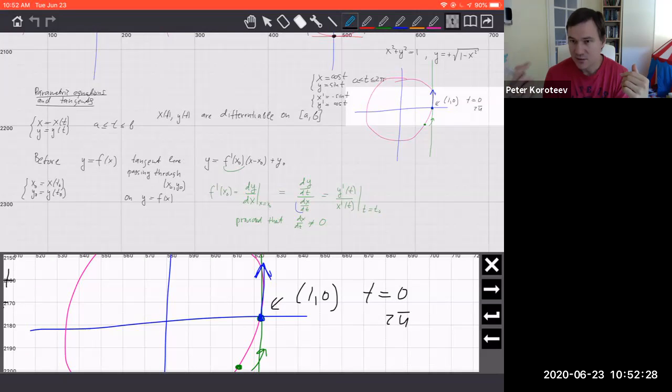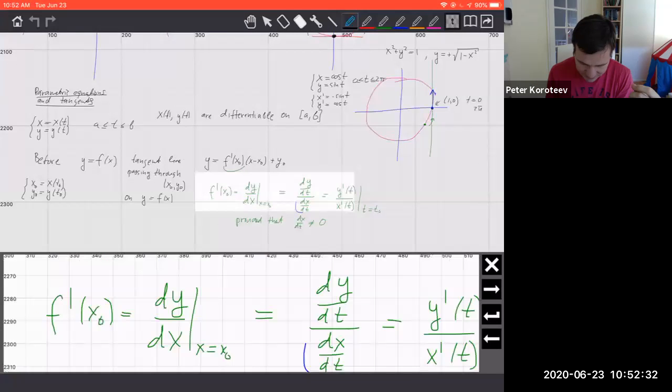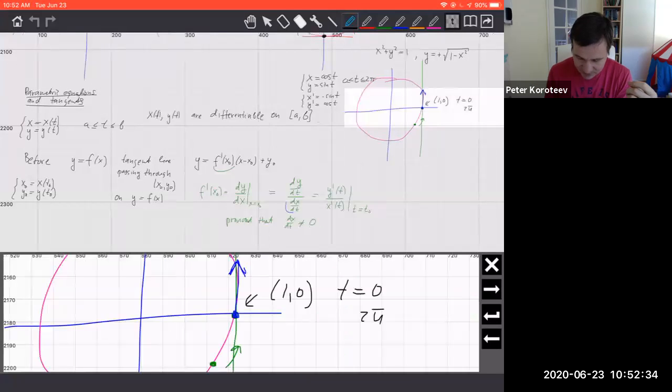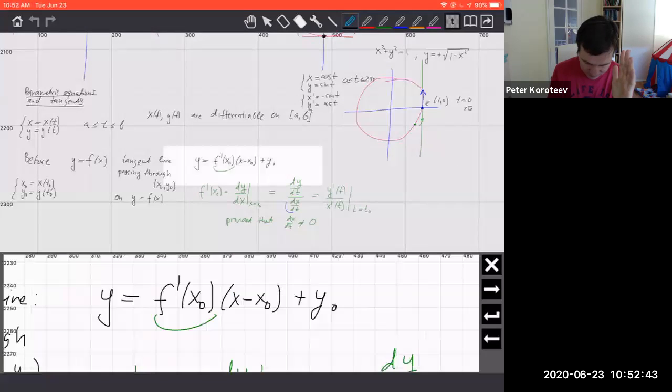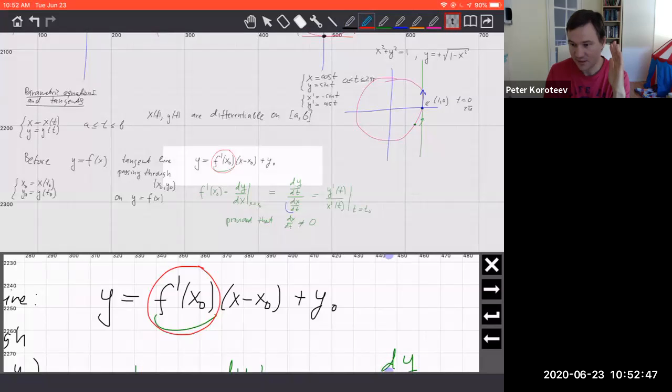It's an artifact of our parametrization, right? It's because we define a tangent as a line that has a slope which is equal to the derivative of the function, right? So it's because of this fact here. And then it just happens that when it's vertical, this derivative is infinite.